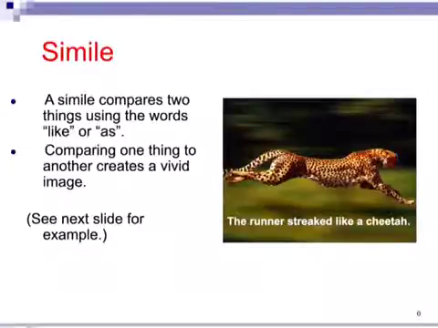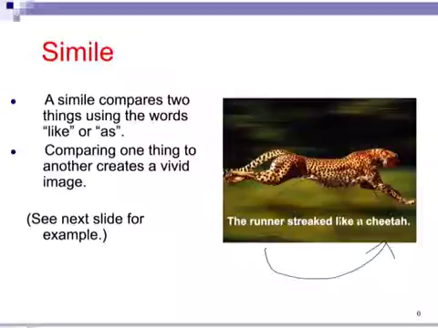So the example I have here is the runner streaked like a cheetah. So as you can see, I have the keyword like, okay? And it's comparing the runner to the cheetah. And I'll draw the arrow down here. It's the runner to the cheetah.